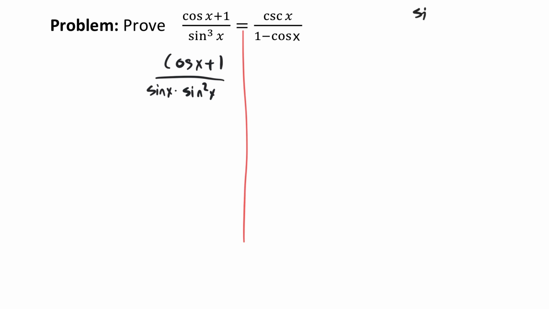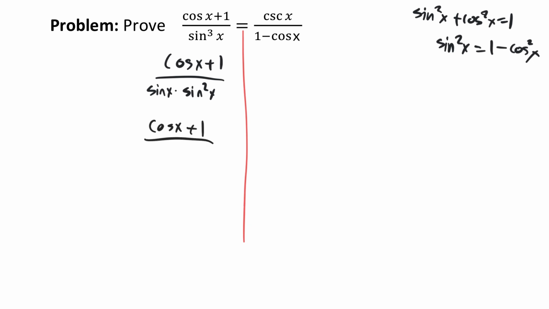Remember, the identity is sine squared x plus cos squared x equals 1. Or in other words, for our example, sine squared x equals 1 minus cos squared x. So we're going to need not the sine cubed, we're going to need to break off one of the sines, so we just have the sine squared. All right, let's go ahead and replace the sine squared with 1 minus cos squared.